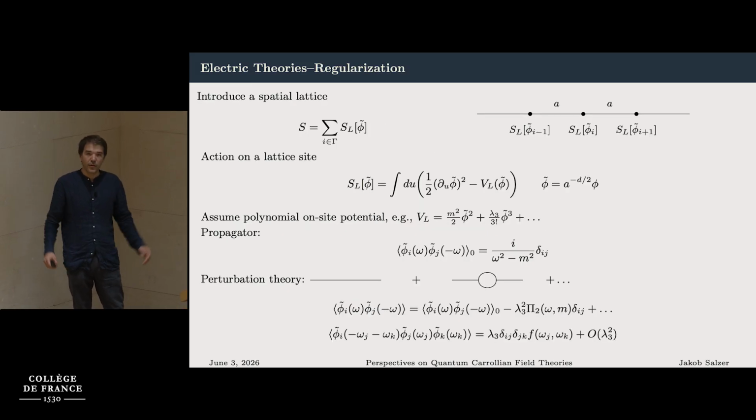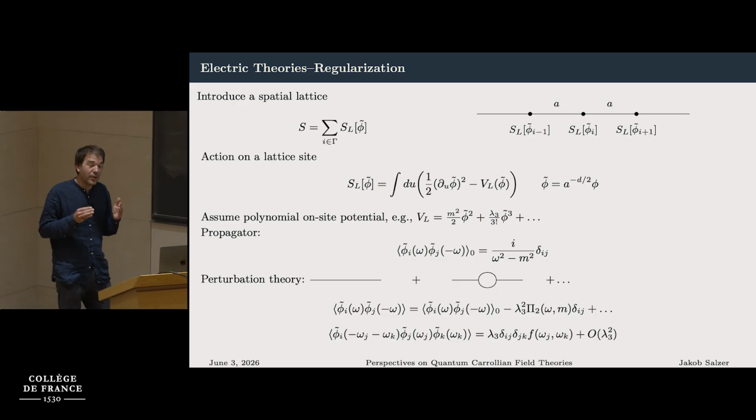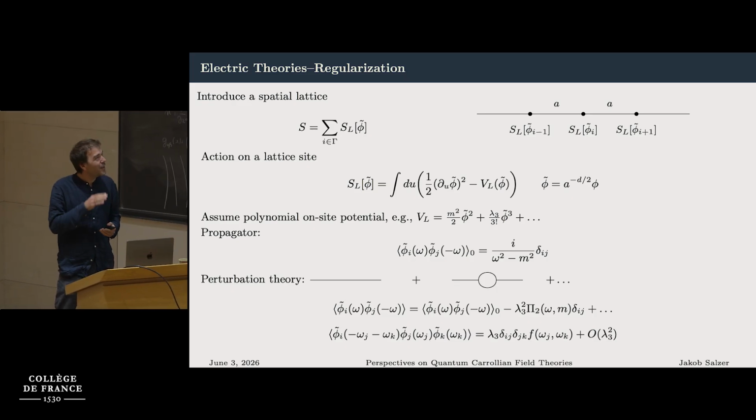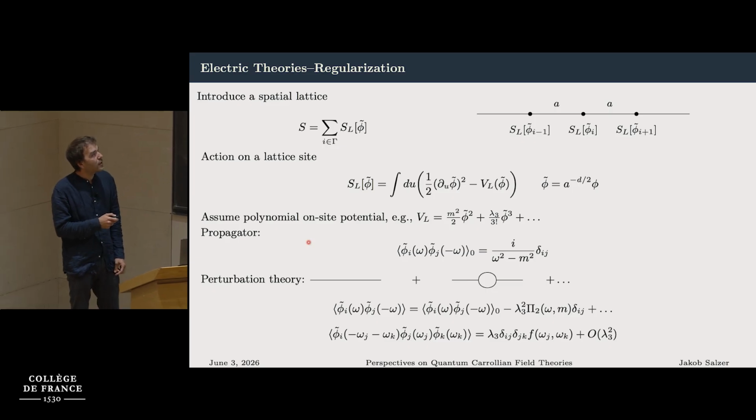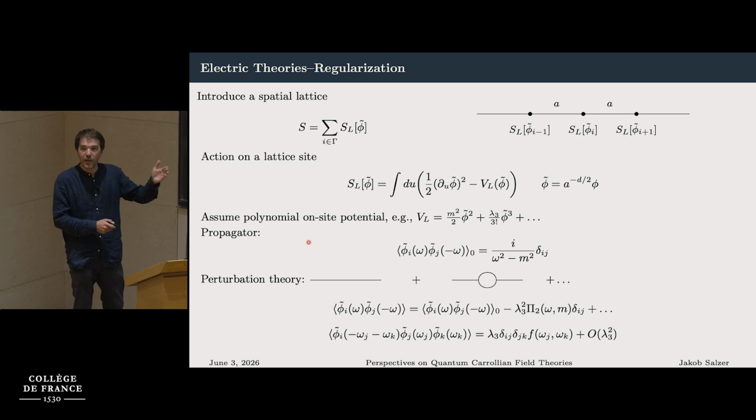Okay. As always, there are probably many choices to regularize theories. Here, in our case, we chose the simplest one, which is just to put them on a lattice and see what you get. So indeed, we just get sums over quantum mechanics.